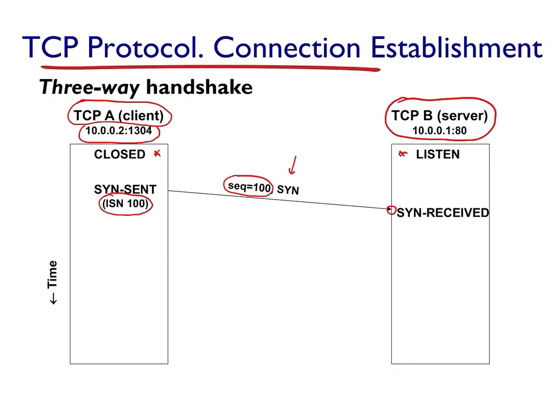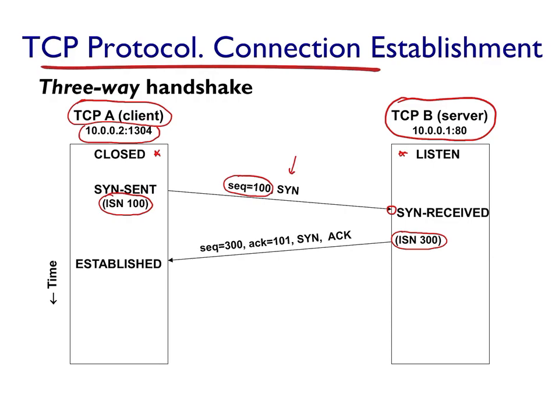Once the server receives the SYN, it has to decide: accept or not. In this case, we accept. Another different initial sequence number, because there is a difference in time between this initial sequence number and the previous one. Each host will have a different initial sequence number.